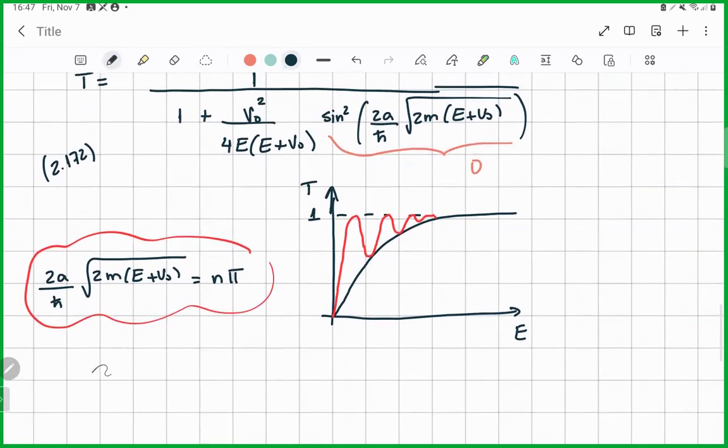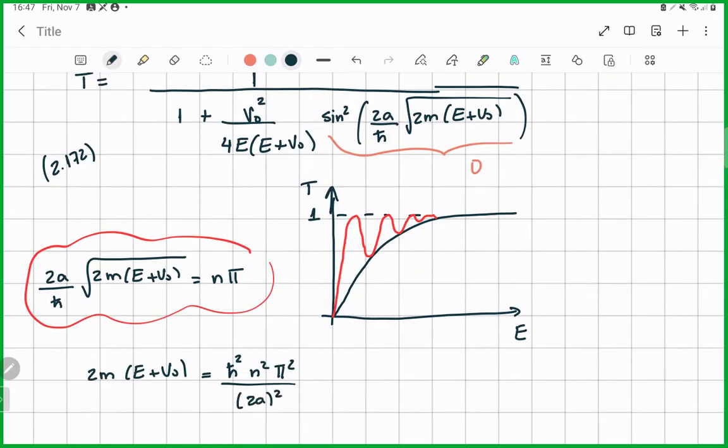And this happens when, if I square all that to isolate the energy, we have h bar square, n square, pi square over 2a square.